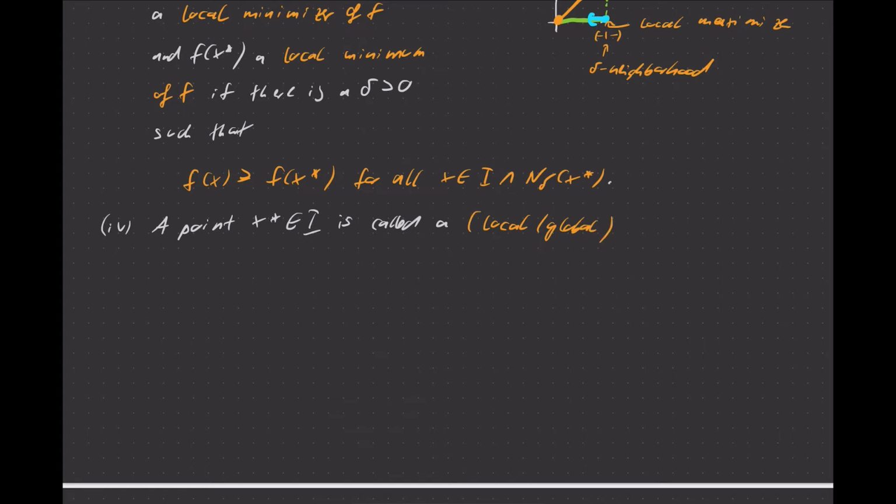So we already defined global minima and maxima. And generally a maximum or a minimum will be called an extreme point. Or just, again, local or global extremum.